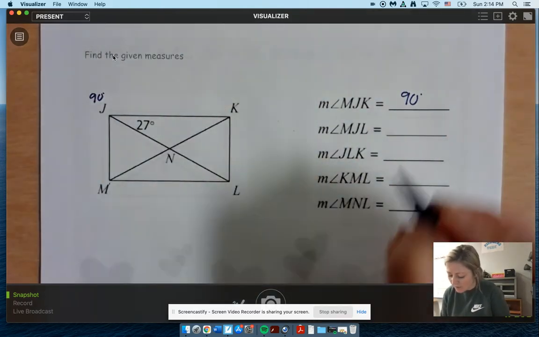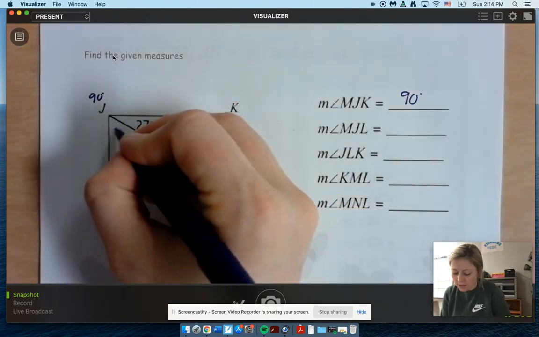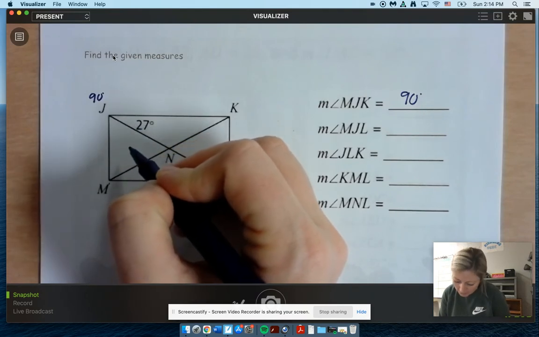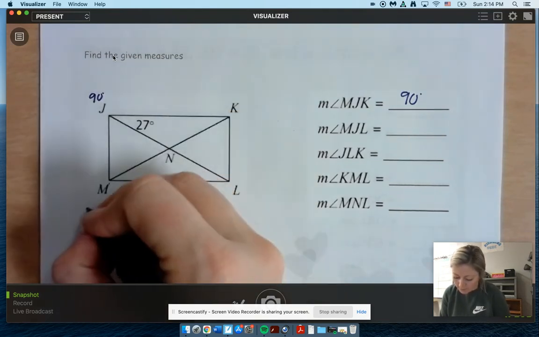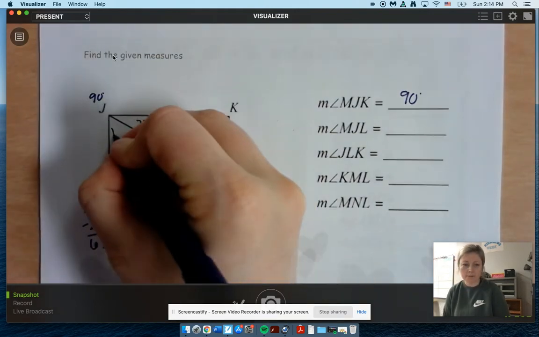Okay. Now the measure of angle MJL is this other piece of 90. So if this part's 27, what's left over out of 90? Well, 90 minus 27 should be 63. So this guy right there, 63.